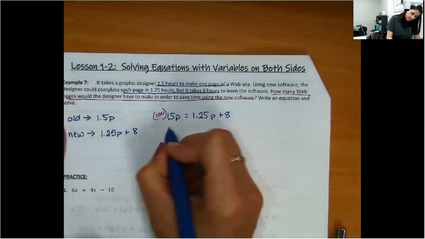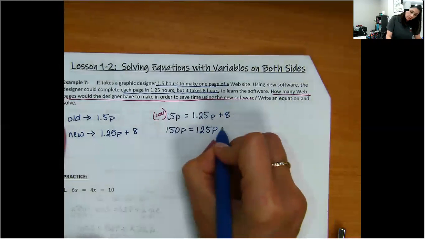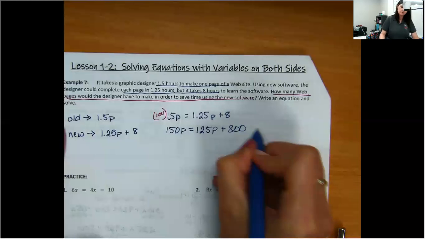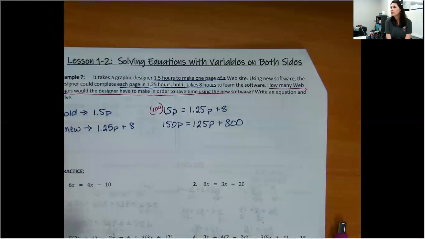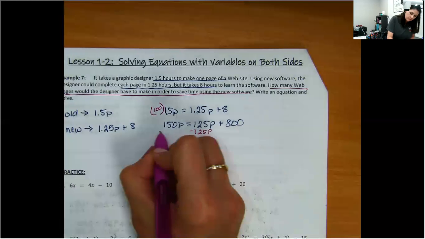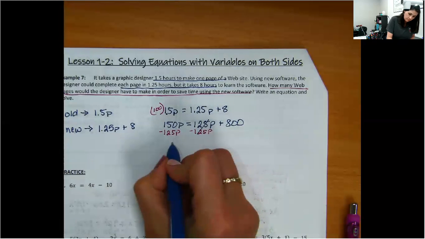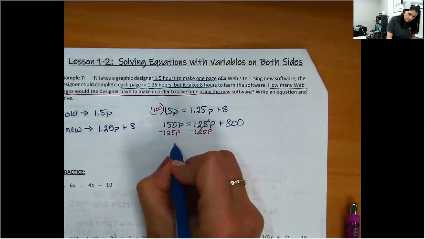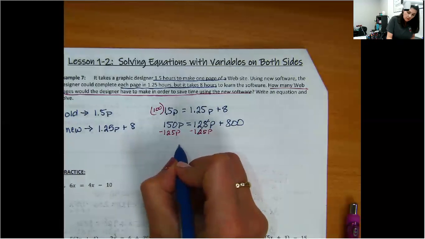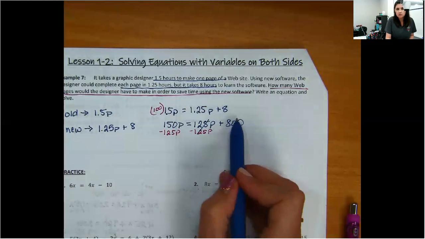We have 150P equals. And don't forget to multiply 100 times the 8. Mr. Weatherman, I got a question. If we're doing times 1 for each thing, wouldn't we just say 125P plus 800 hours, because you have to learn that? Well, you can't combine those because 800 doesn't have a variable. It's not changing.